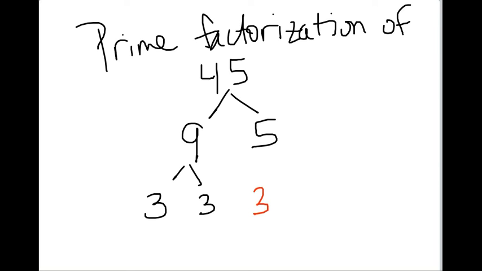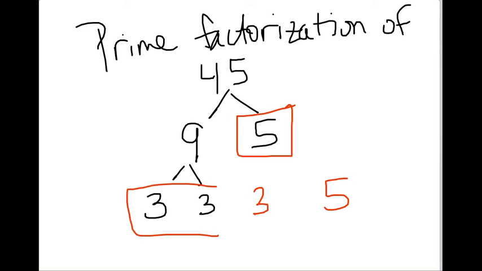So I have 3 and 5, and then the number of times they appear at the very end, see how this is at the end and these are at the end, is going to be my exponents. So 3 appears twice and 5 appears once. So I can put that 1 there if I want to, but I don't have to.